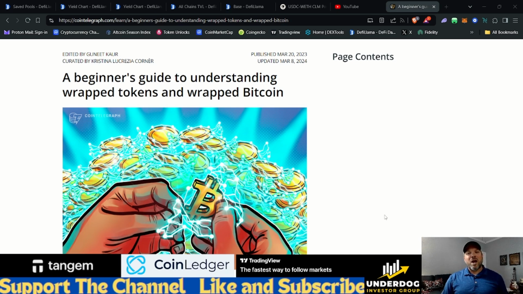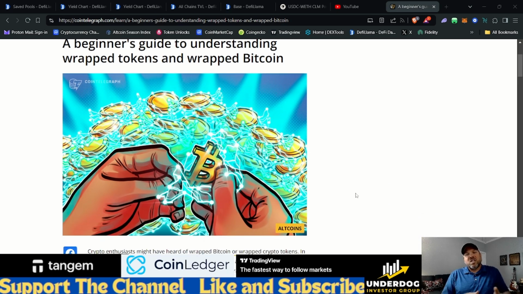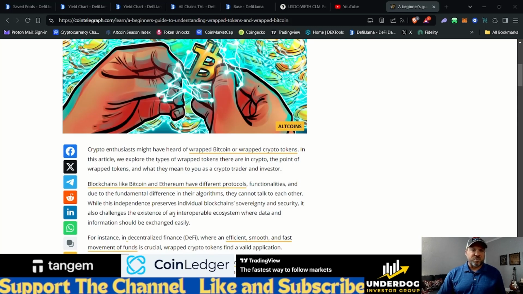So a wrapped token allows one asset to exist on another blockchain, and in a sense is like a collateralized representation of that asset. So if we scroll down here, you need to understand that different blockchains are like different computer systems.